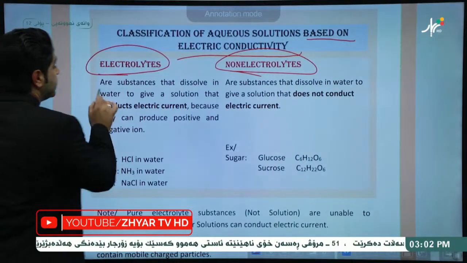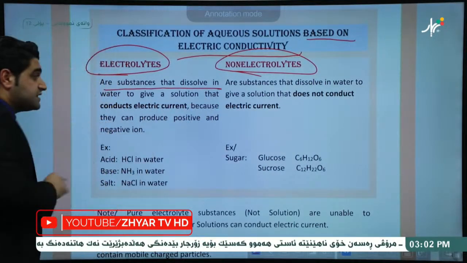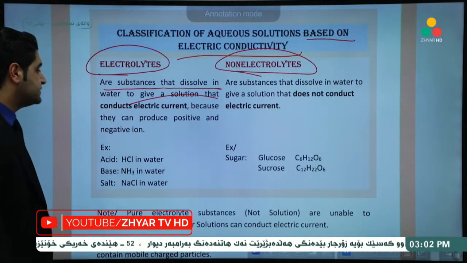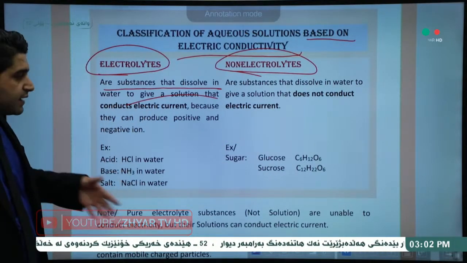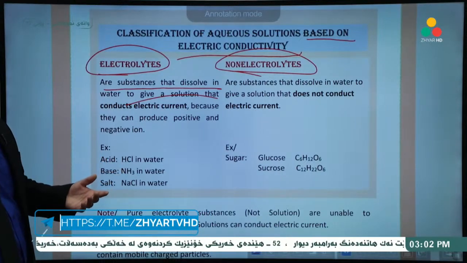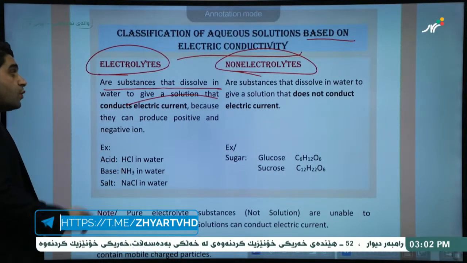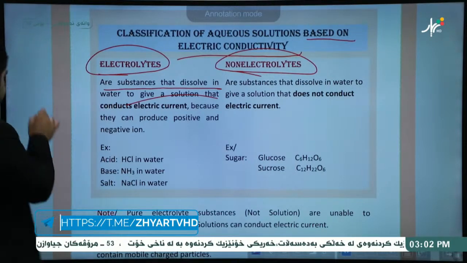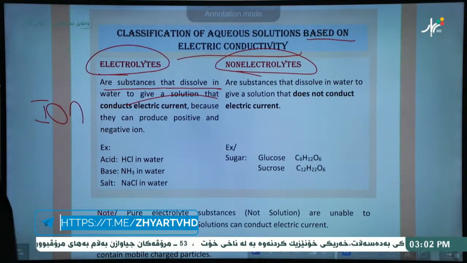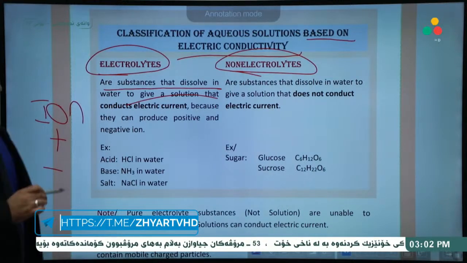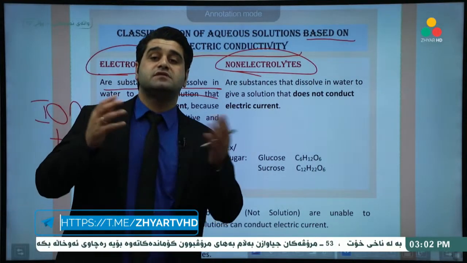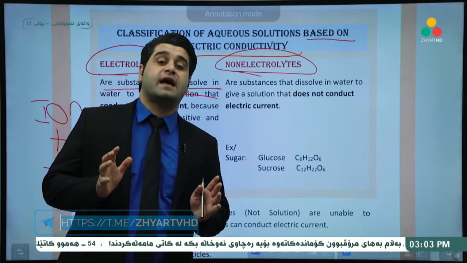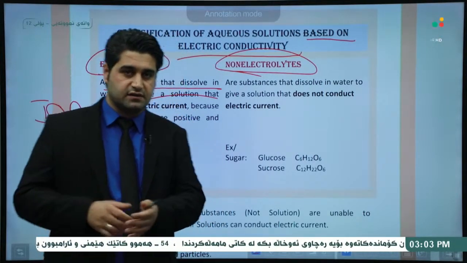Electrolytes are substances that dissolve in water to give a solution that can conduct electricity because they produce negatively and positively charged particles. So what is responsible for the electrical conductivity? Mobile ions, positive and negative ions. If a substance dissolves in water and produces ions, the substance is an electrolyte because the solution can conduct electricity.